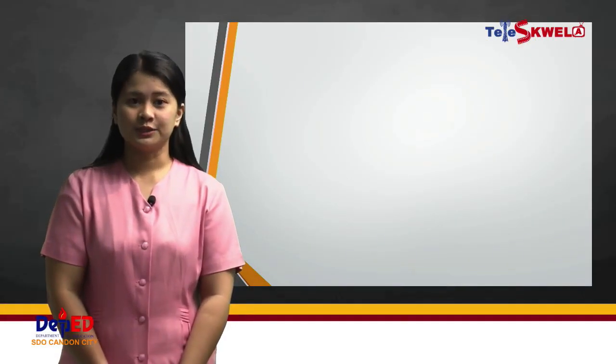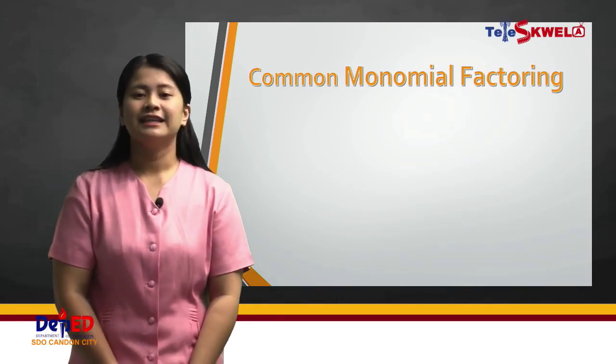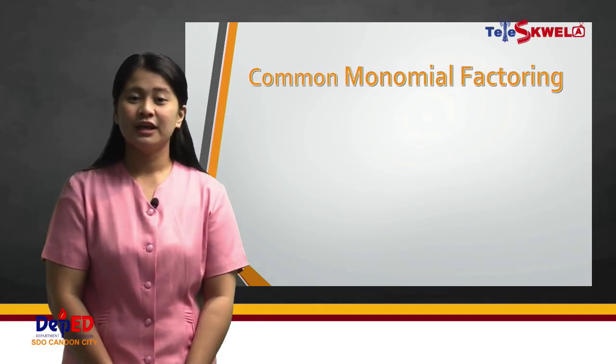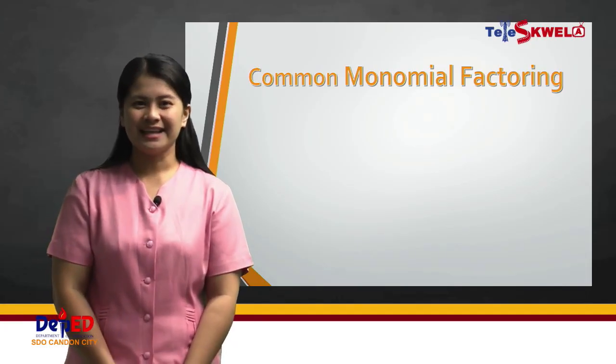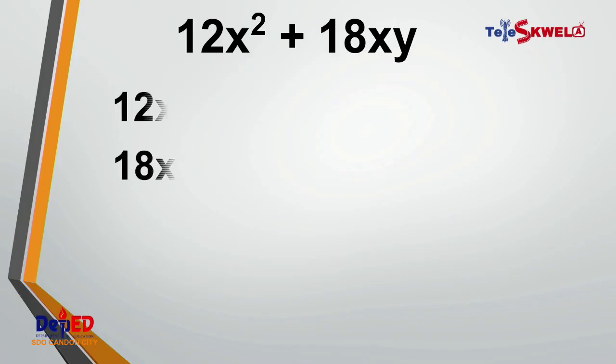Now that we already know the steps in factoring a polynomial using their GCF, let us apply them in some examples. Are you ready? That's great! Factor 12x squared plus 18xy using the given steps as our guide. First step, find the GCF of each term.